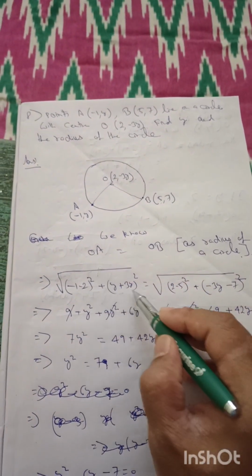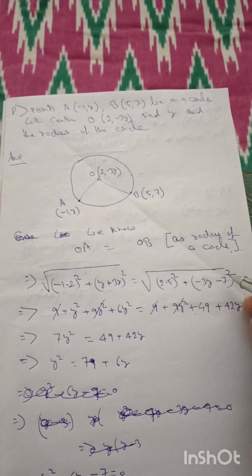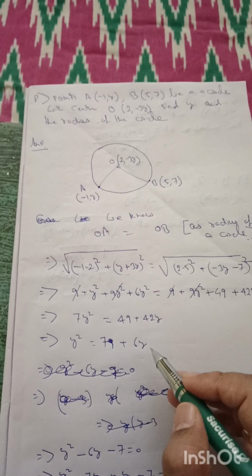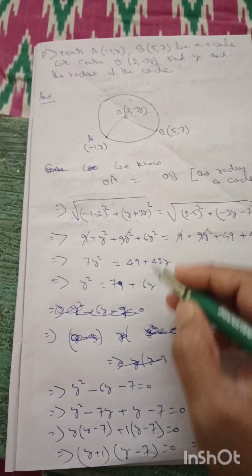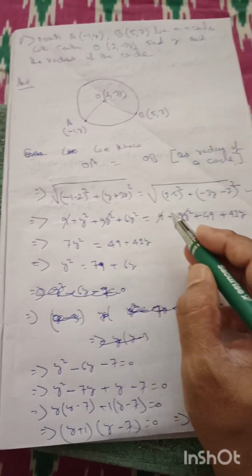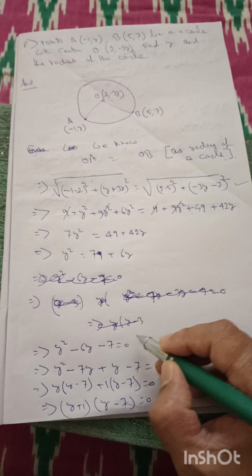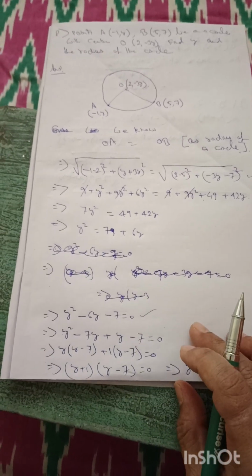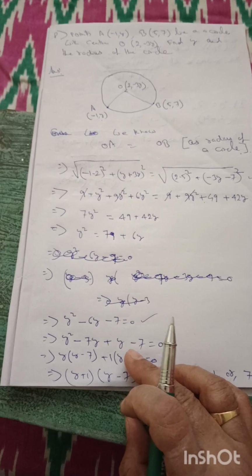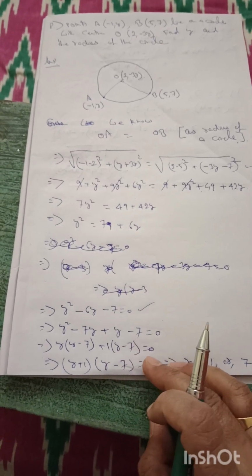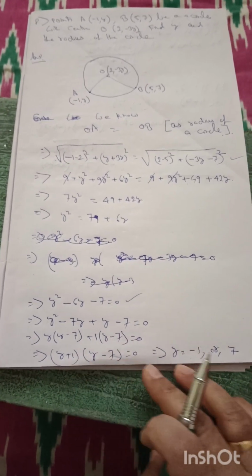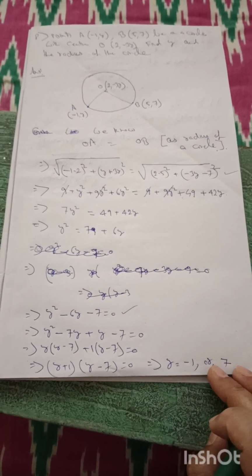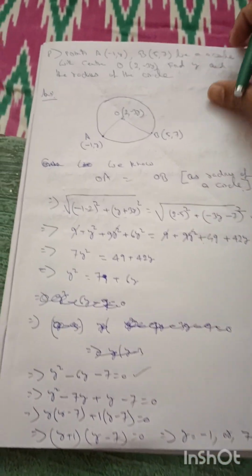Now by applying the distance formula, we get this line. After simplification, we get a quadratic equation in y. Now, after breaking the middle term, we get the value of y as -1 or 7.